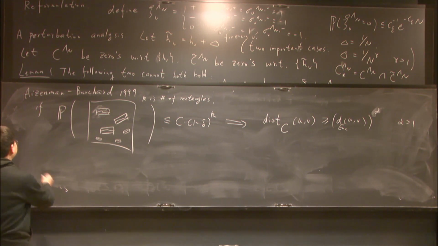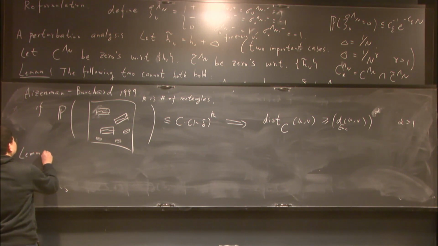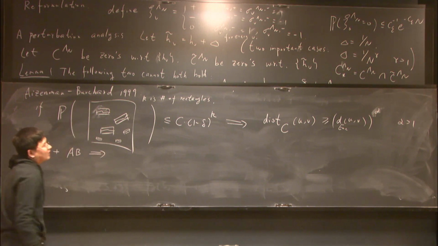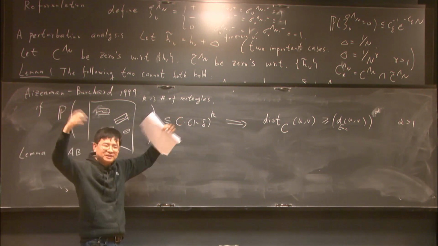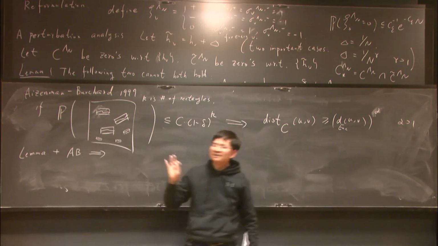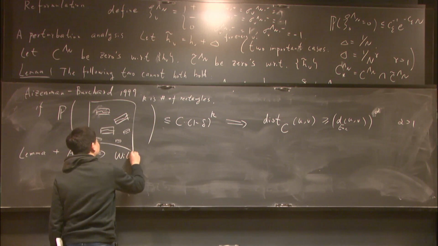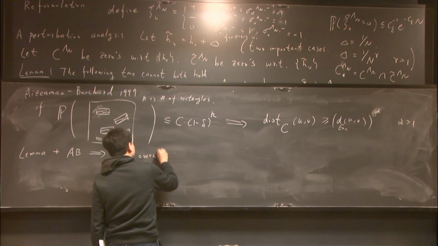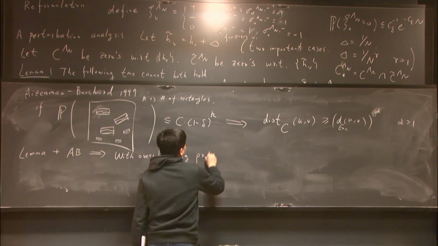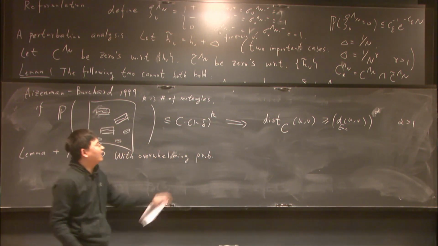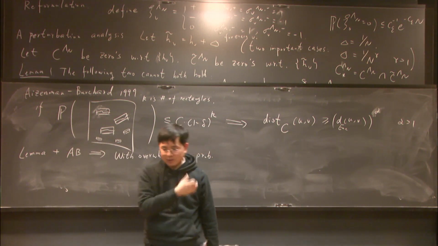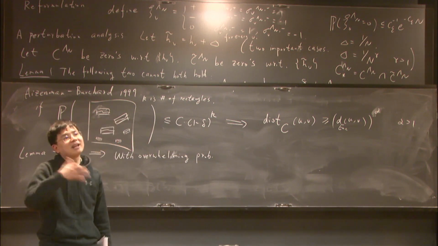And now just lemma 2 plus AB gives, there is some probability, but the probability can be improved to be so small, so close to 1. So let's just say with overwhelming probability. You can have a stretched exponential decay, but actually we only need this probability to be larger than 1 minus some polynomial decay, so some large polynomial decay.